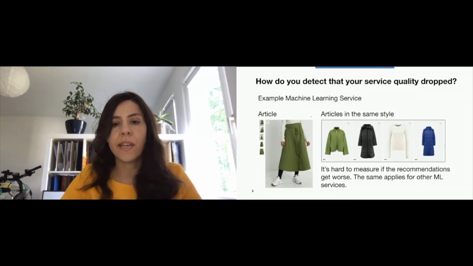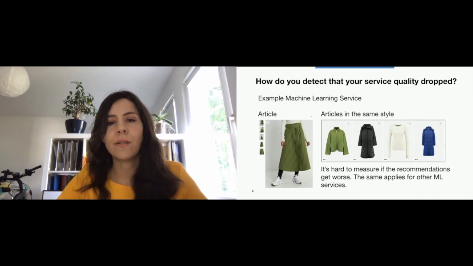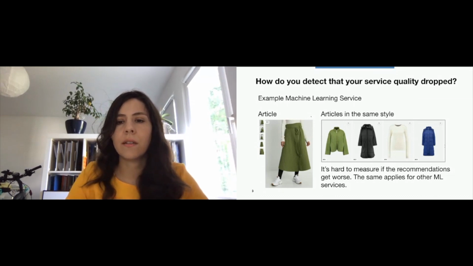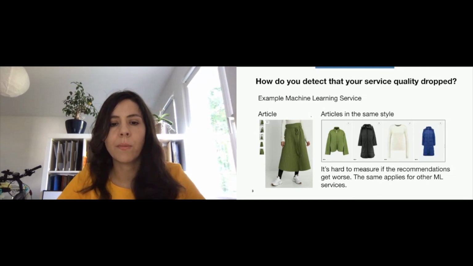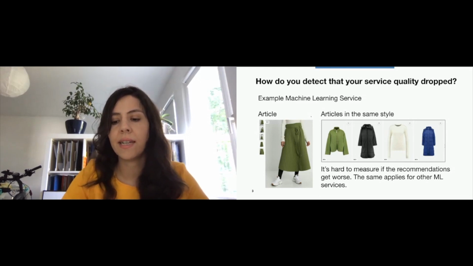As long as you get a response with articles from your recommender, it can be very hard to detect that these recommendations become worse. This is the same for many ML services. As long as you get a response, it can be very hard to detect that the quality of this response got worse.